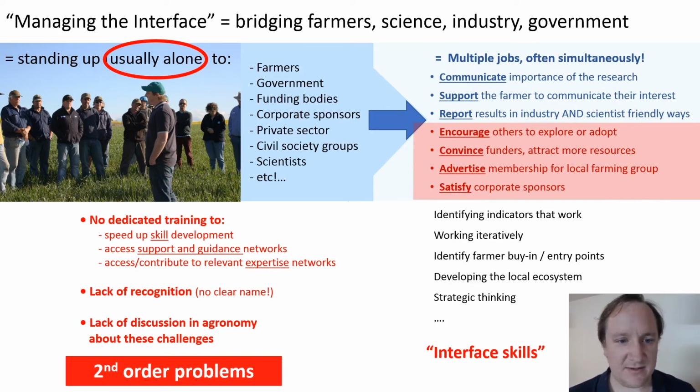And the sort of jobs that I've talked about, there is no clear name for them collectively, and that means that there is a lack of recognition. In agronomy, there is generally also a lack of discussion about the challenges which I've told you about here today. And these are what I call the second order problems that we must address through OFE.